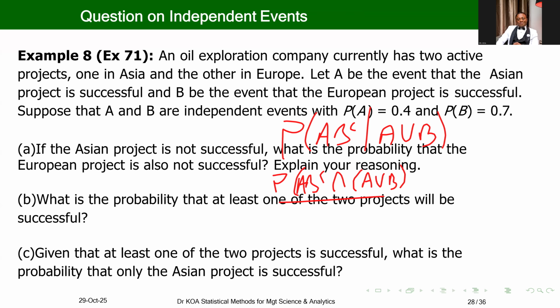And then the denominator is P of A union B, the same thing.